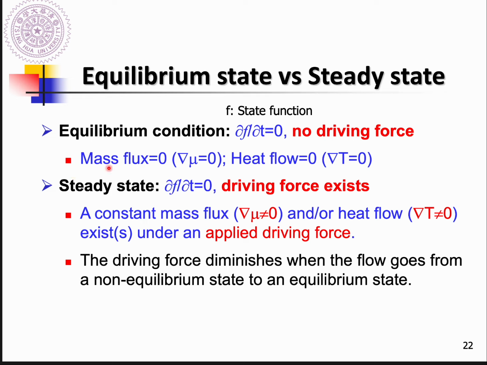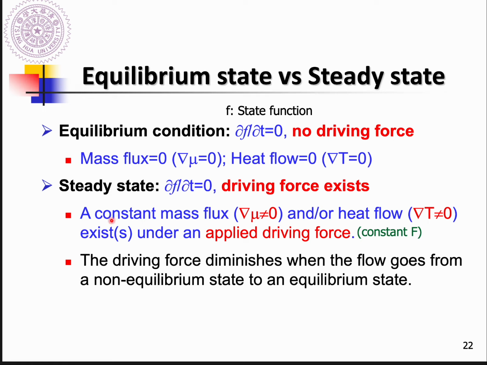But what is a steady state? In a steady state, the state function also does not change with time, the same as in the equilibrium conditions. But in a steady state, there's definitely a driving force in the system. You have a driving force, so you will definitely observe a flux.